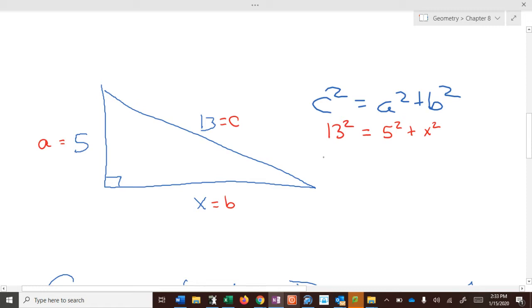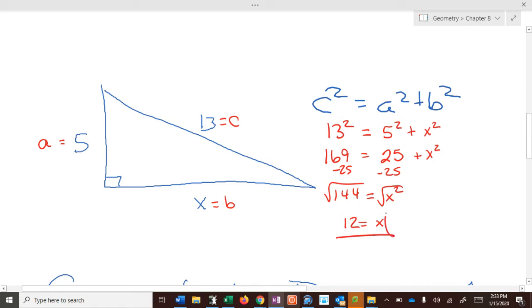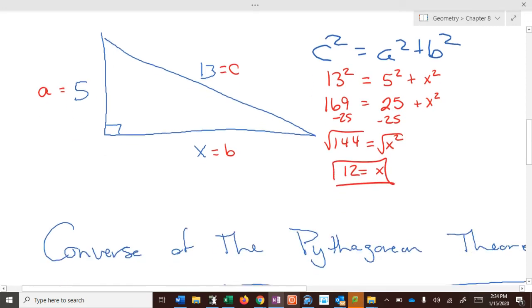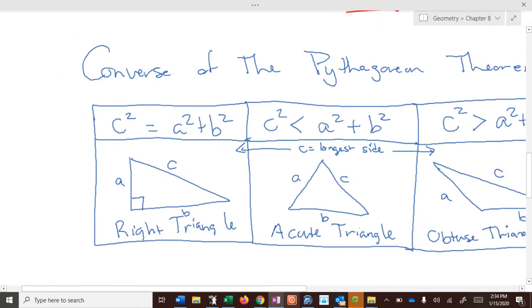What's 13 squared? 5 squared is 25. How do I get X squared alone? Subtract 25. X squared equals 144. If we take the square root of that, x equals 12. Now, will it always be a whole number? No. No, it will not always be a whole number. We'll get to that a little later.